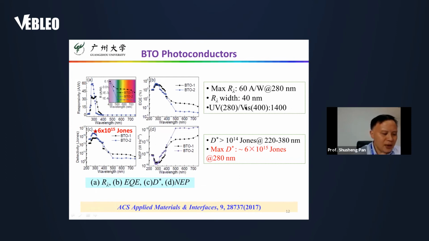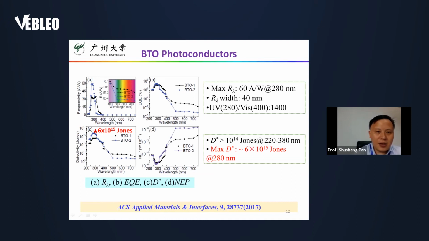The width of the responsivity is about 40 nanometer. And the responsivity is very low in the visible light range, which indicates the BTO is visible light blind.